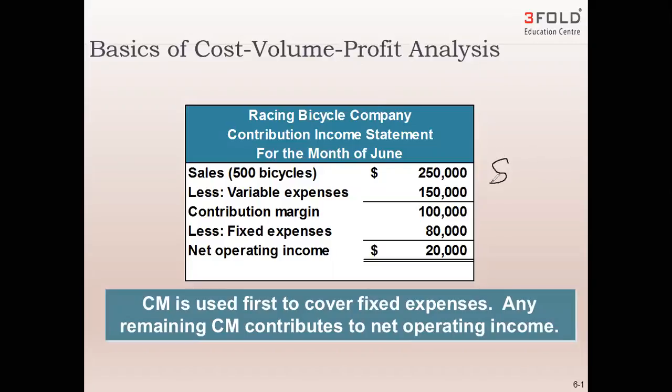Sales minus variable cost will be equal to contribution margin, and contribution margin minus the fixed cost is equal to the net income or net operating income.